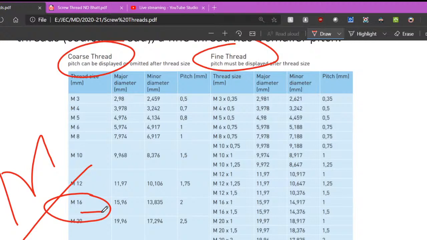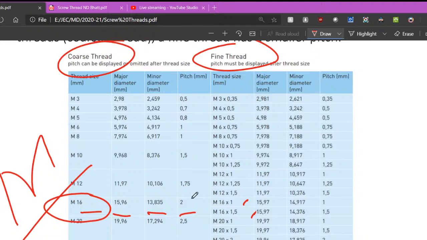M16 is this one. In coarse thread, the minor diameter is 13.8135 and the pitch is 2. In fine thread, there are two, 16 into 1 and 16 into 1.5.